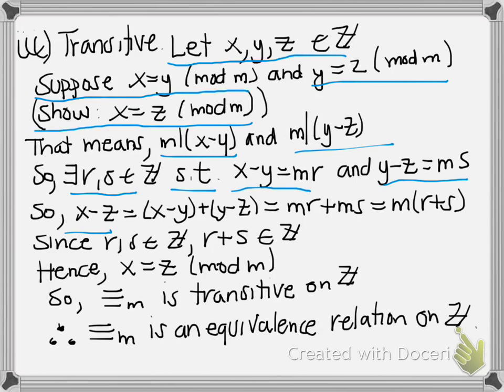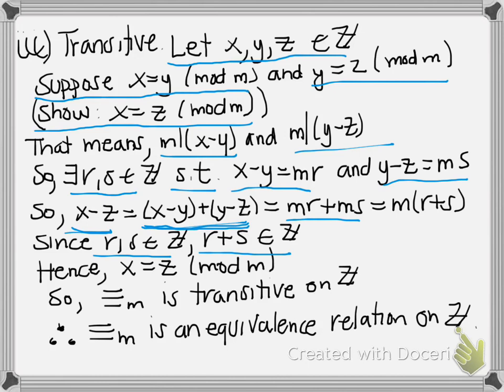Well, we see if we add x minus y and y minus z together, we get x minus z. So x minus z equals x minus y plus y minus z, which equals mr plus ms, which equals m times (r plus s).